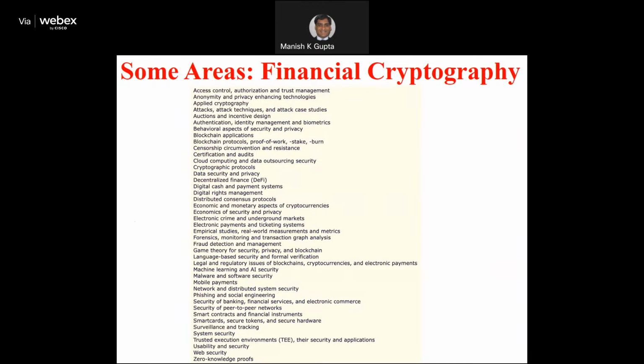So you see there is also fraud detection, forensics, electronic crime. Of course, I'm not going to read all of them, but you can look at it. So all kinds of things are there in financial cryptography. I would suggest that you search each particular area and try to find something that you are going to do for the second part, because I've asked you to submit a PPT in this area.